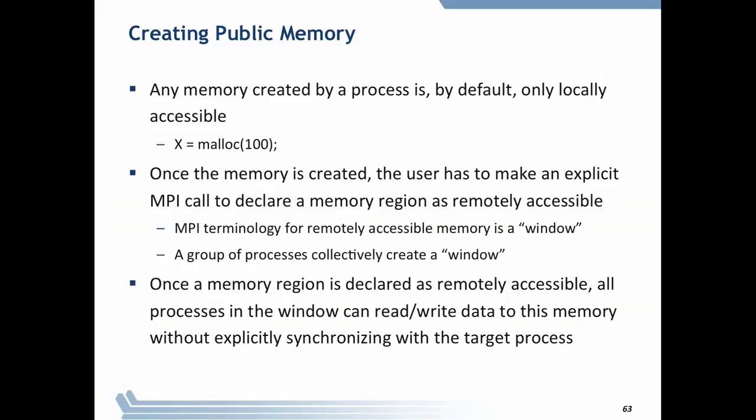So to make that memory accessible even to the MPI RMA operations, the one-sided operations, you have to create what we call a window object, or a window, which consists of the locations in memory from each process that will be available for operations on that window. And that window is the one-sided counterpart of a communicator.